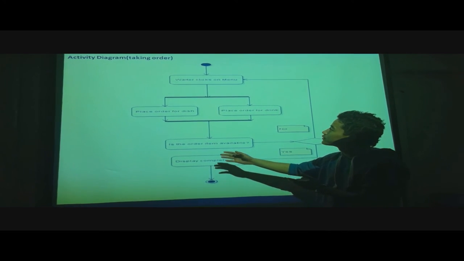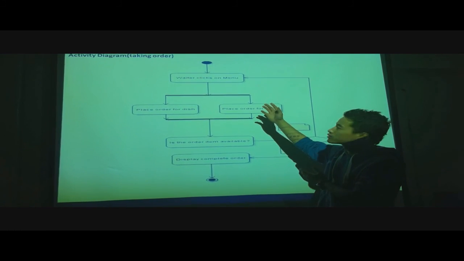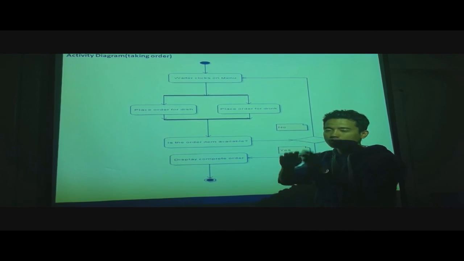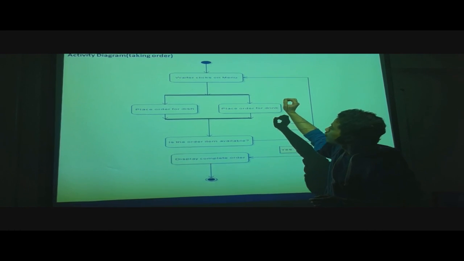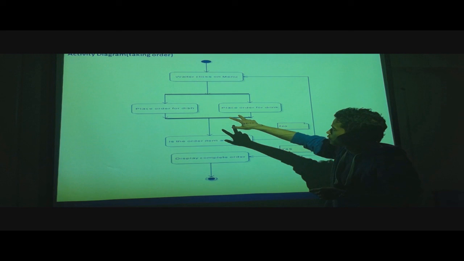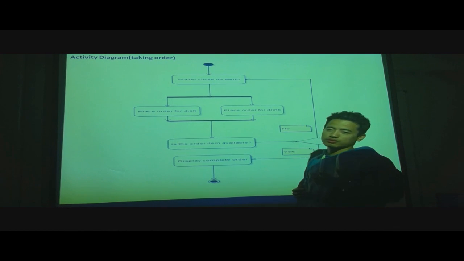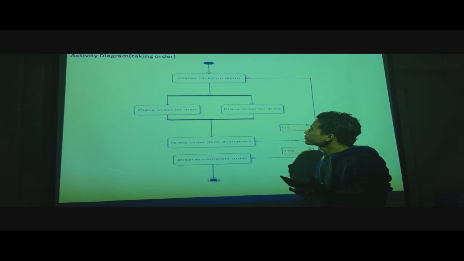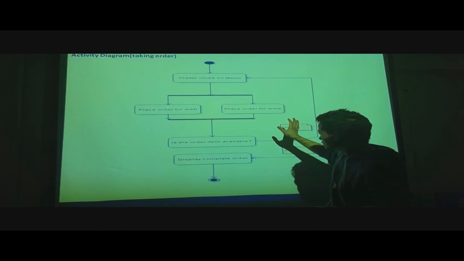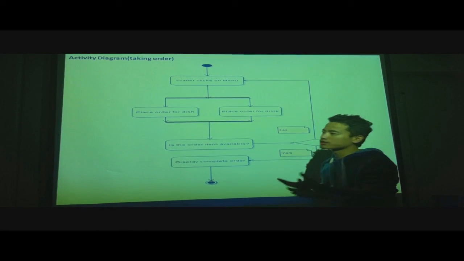This is the author activity diagram. This activity diagram is for taking orders, and the actor in this activity diagram is a waiter. So because a waiter is supposed to take the orders, when a waiter clicks on the menu, a menu is a button on a user interface. So whenever he clicks on the on the button that shows menu, it takes him to two kinds of other options. One is for dishes and the other one is for drinks. Because a customer might want to take just dishes, or a customer might want to have dishes and drinks together, or just drinks. So for either of the case, the system checks if the order that is asked by the customer is available or not.